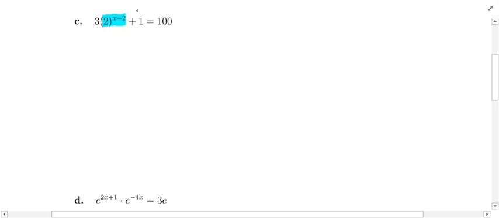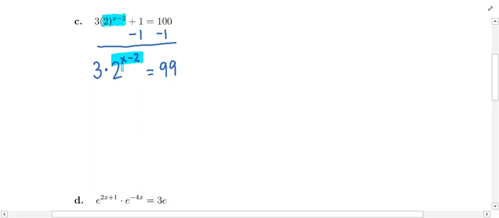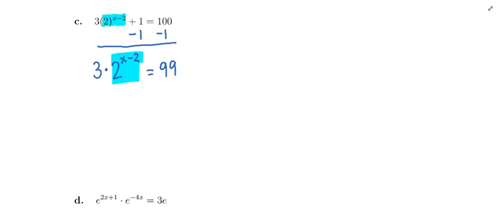Since I'm adding 1 on the left, I'm going to subtract 1 from both sides. That's going to leave me with 3 times 2 raised to the x minus 2 power is equal to 99. Again, we're after getting this 2 raised to the x minus 2 power alone.